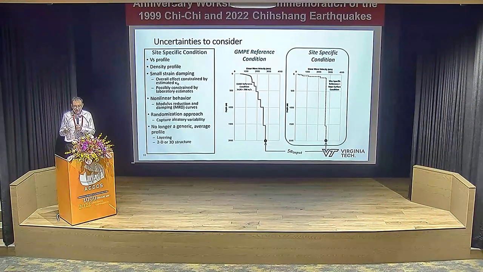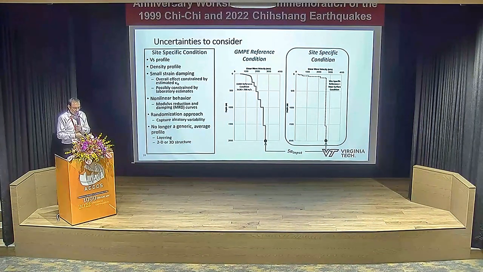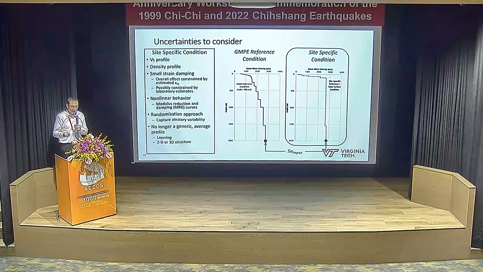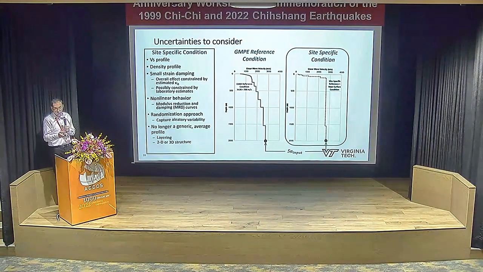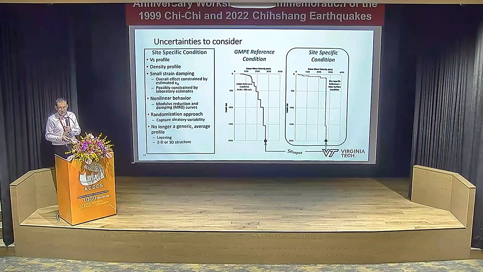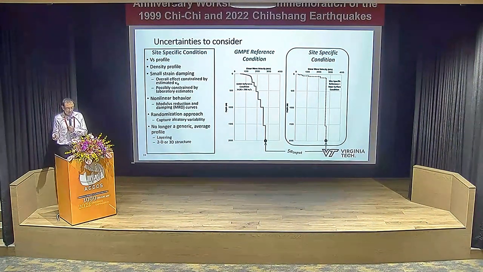We need to consider uncertainties in the site-specific condition, that is, uncertainties in the VS profile, uncertainties in the density profile, and uncertainties in small strain damping, which again is accounted for by the kappa naught parameter, and possibly is also constrained, especially for materials that are accessible to us or near-surface materials, by the type of laboratory test that Professor Stokoe was talking about earlier. We need to account for uncertainties in the nonlinear behavior, the modulus reduction and damping curves.